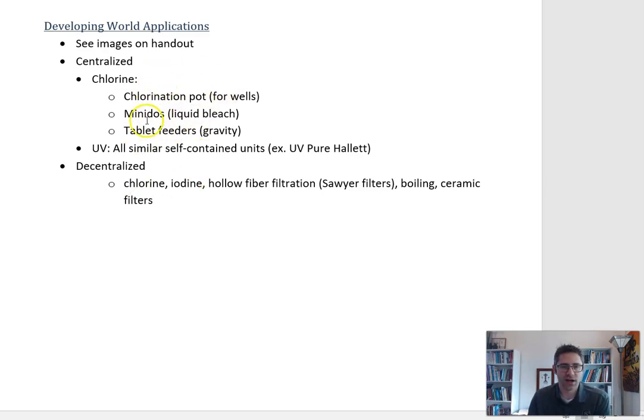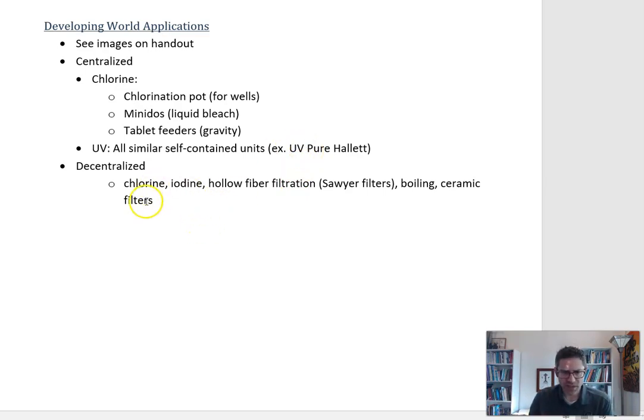We'll look at these on the handout here in a minute, but you've got chlorination pots for wells that use calcium hypochlorite, mini dose, which is a liquid bleach doser, or tablet feeders, gravity tablet feeders. And there's a lot of self-contained UV systems that you can just put in line in a drinking water system. People use those at their homes and on their wells and stuff too.